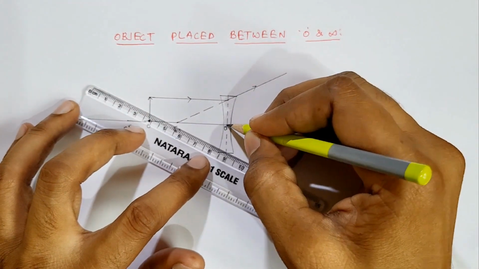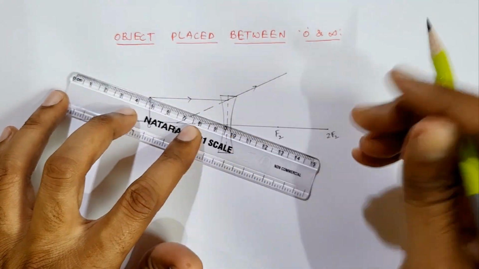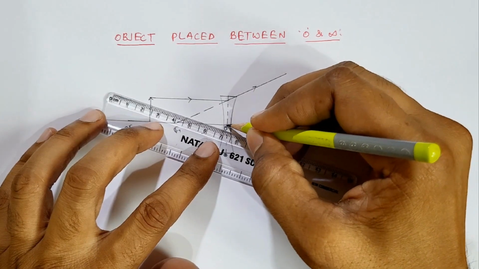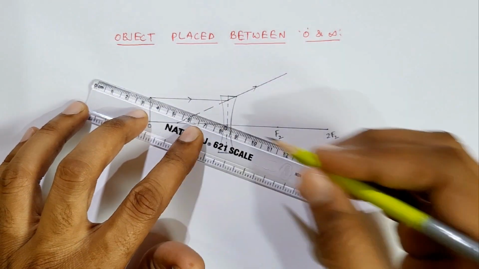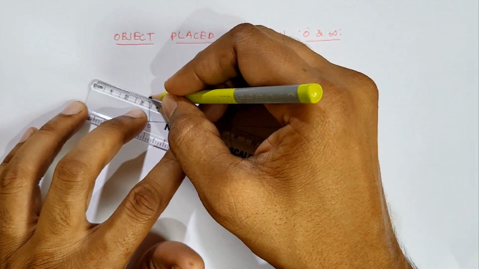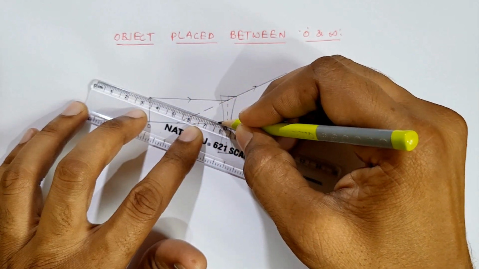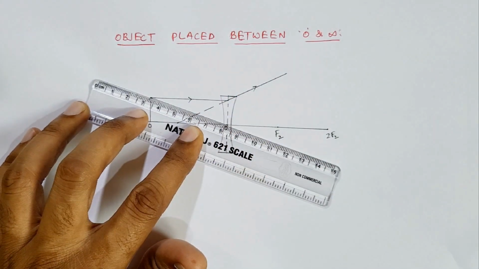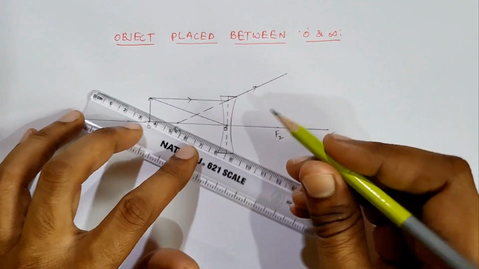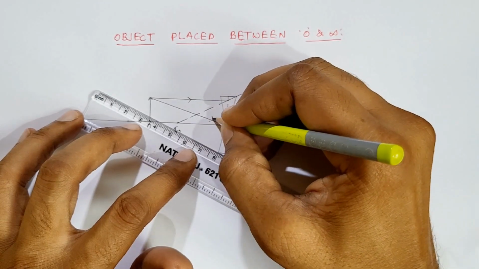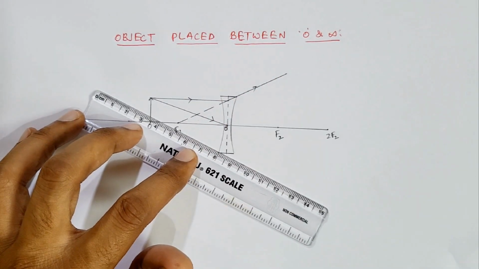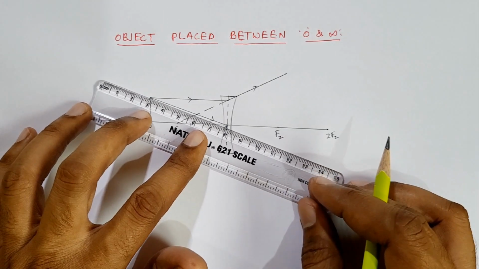Let us take it through the optical center like this. Observe this diagram neatly. One light ray passing through the optical center is the incident light ray. Now when a light ray passes through the optical center, how will the refracted light ray pass?